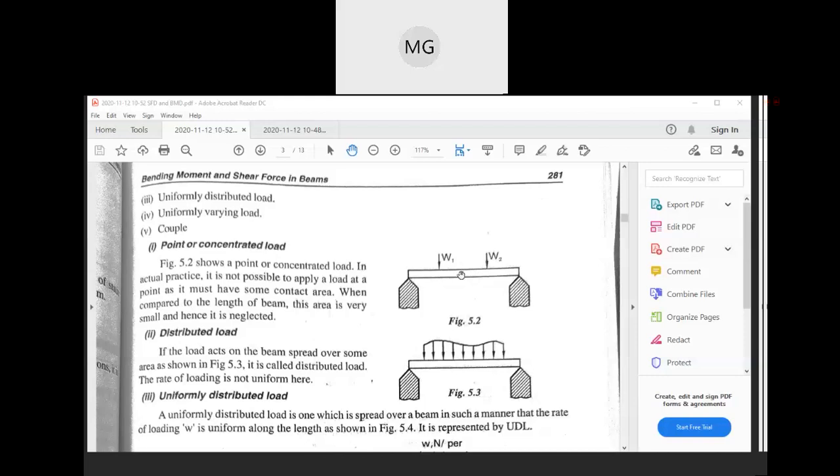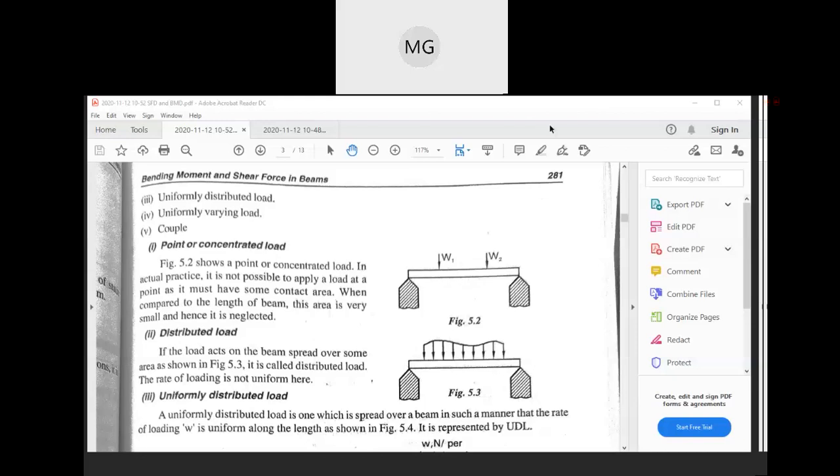If the spanner is very small, we need to put more effort into loosening or tightening. Same, normally in schools they give the example of opening and closing a door. The door is fixed at one side. If you want to open a door, you normally apply a force at the other end, because there you can easily open it. If you push at the fixed end, you cannot open the door easily, right?